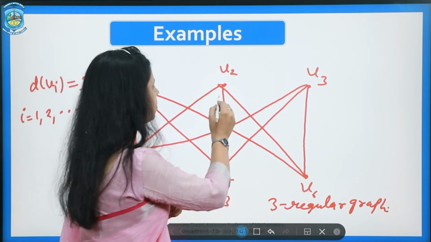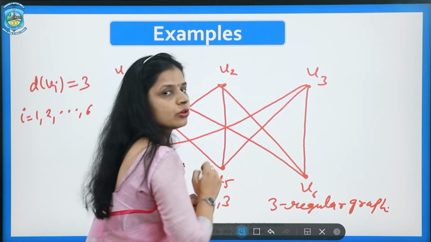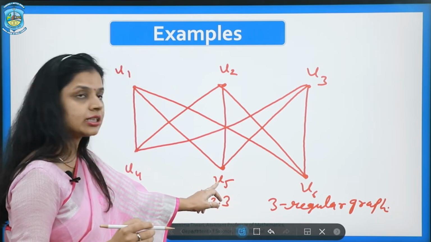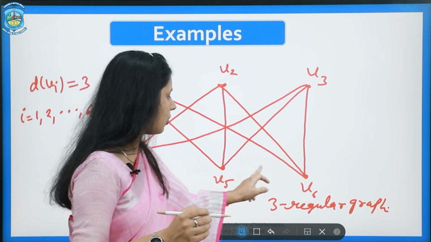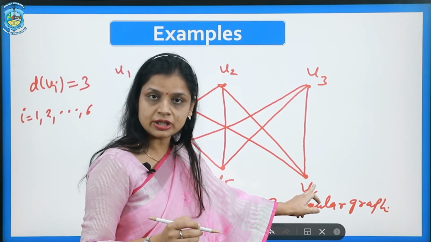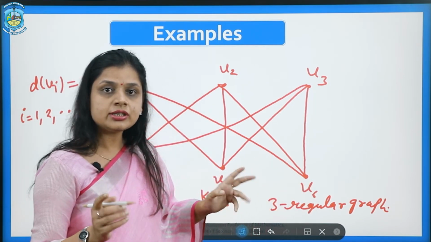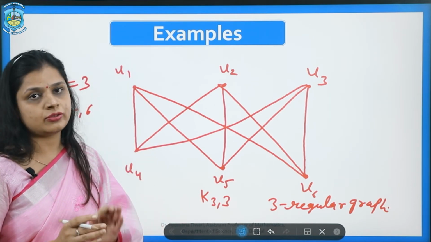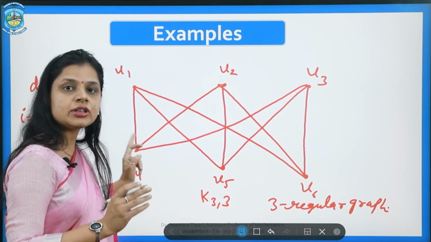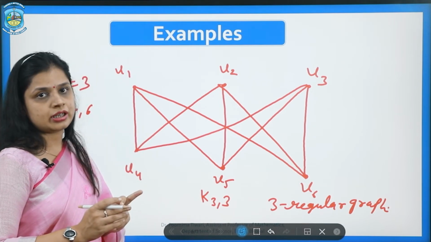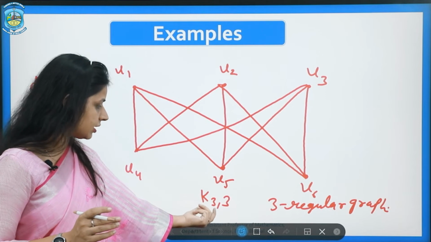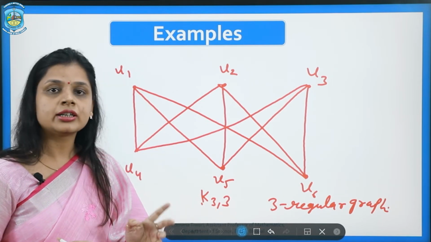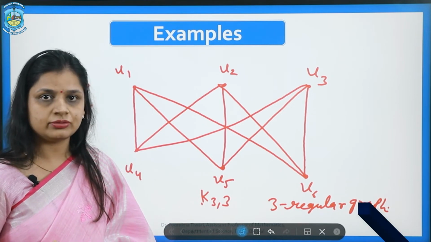There is no edge joining the vertices V2 and V3. Likewise, no edge between the vertices V4 and V5 or V5 and V6. It means there does not exist an edge between every pair of vertices. So, this graph is not a complete graph. So, this graph K33 is a 3 regular graph, but it's not a complete graph.